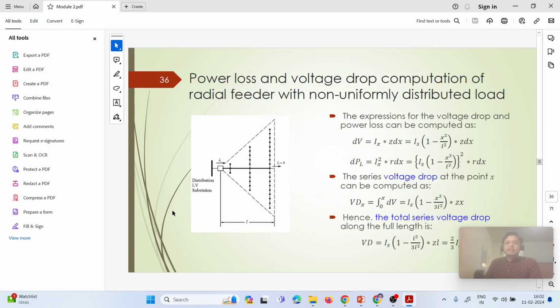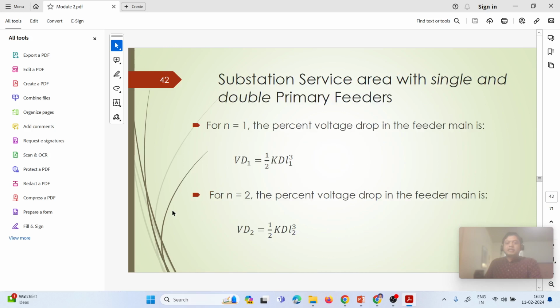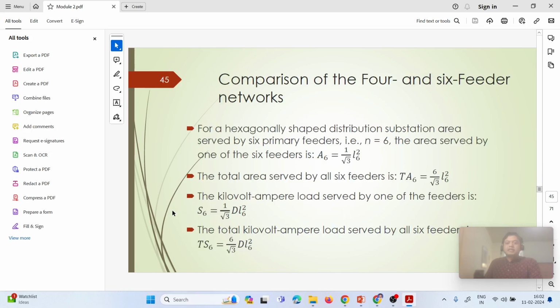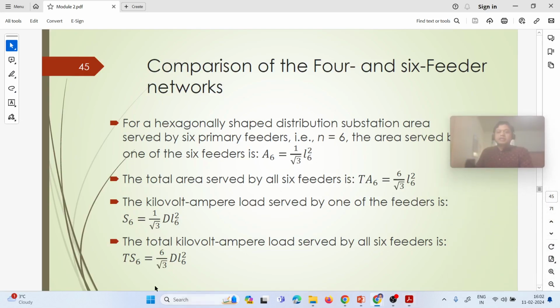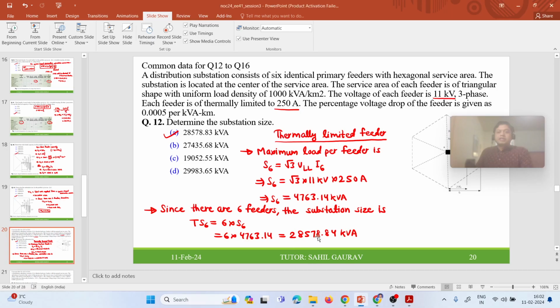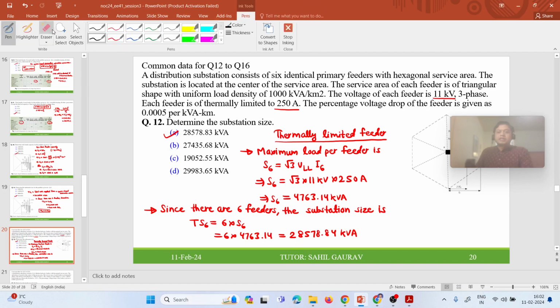Let me see if I can put it on the chat. I am sharing this one. Yes, sir, this one is correct. You see TS6. So this is simple. If you do it further, then TS6 is equal to 6 into S6, and S6 you can write as 6 times D times A6.